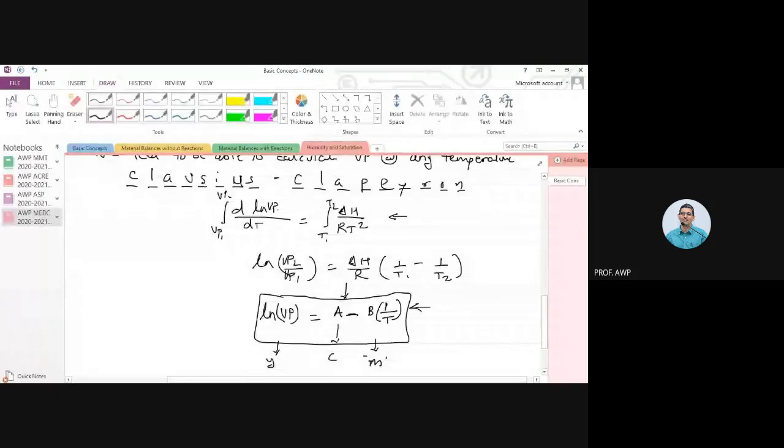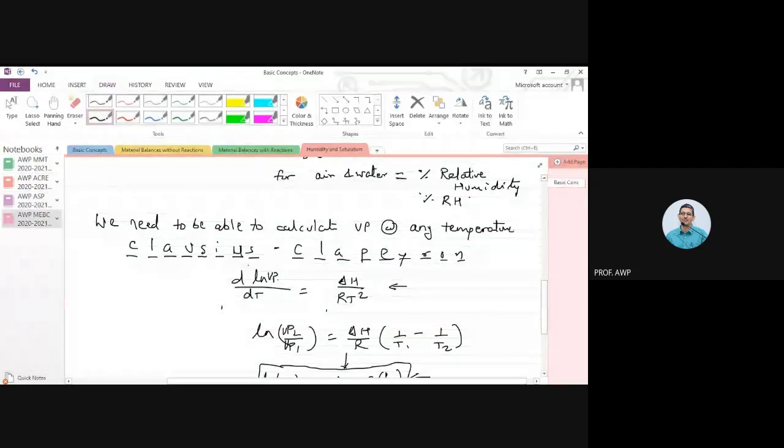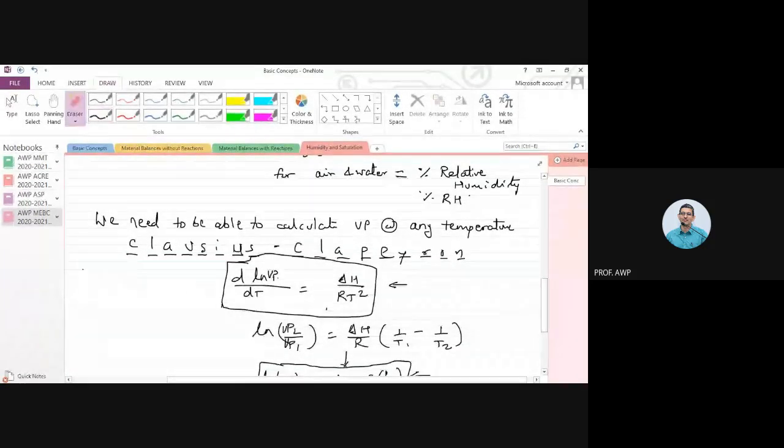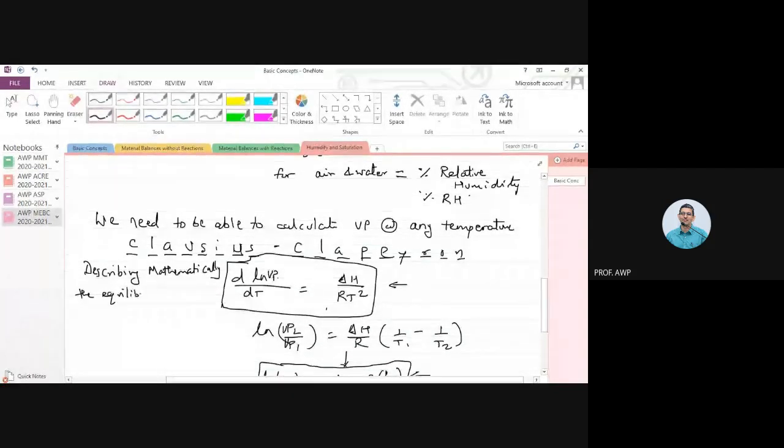We will talk more about this Clausius-Clapeyron equation, and how it describes the equilibrium between two phases.